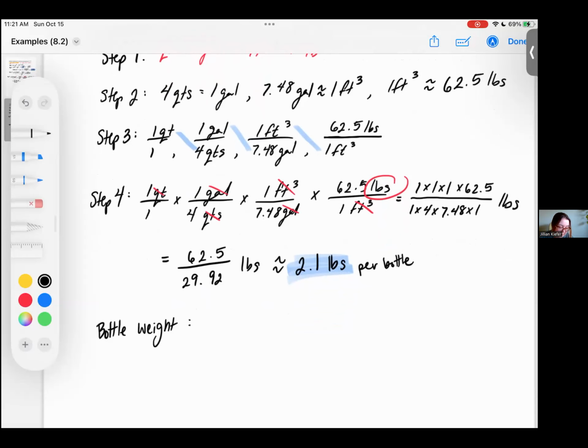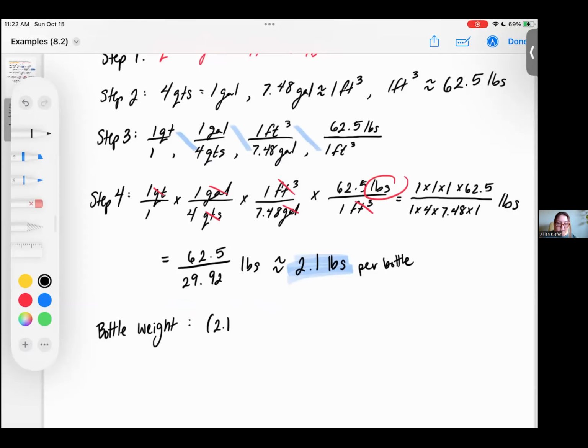So finding our bottle weight in this case, we can take the weight of our bottle with the water in it. We said the weight of the bottle itself is 1/4 of a pound, and then plus the water makes it 2.1 pounds. So we can add those values together to find the total amount of weight per bottle.